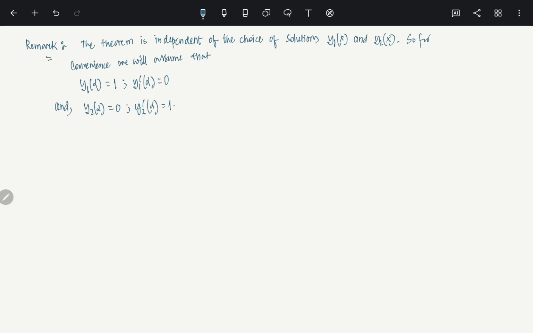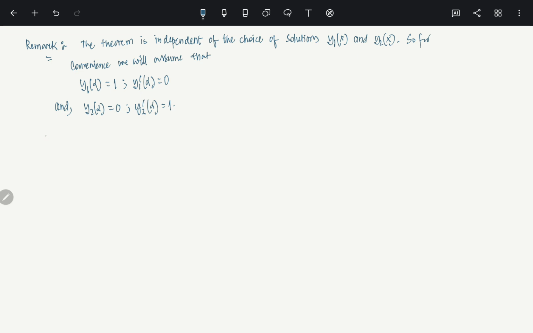We can assume this, right? Yes, initial value problem. So how do we get y1 and y2? If you remember properly, it corresponds to the initial data 1, 0 and 0, 1. That's how we deduce the fundamental solution. This is why you can just assume it like this. So y1 and y2 satisfy these two sets of data.